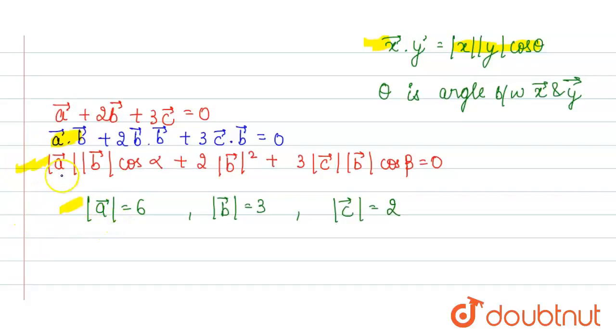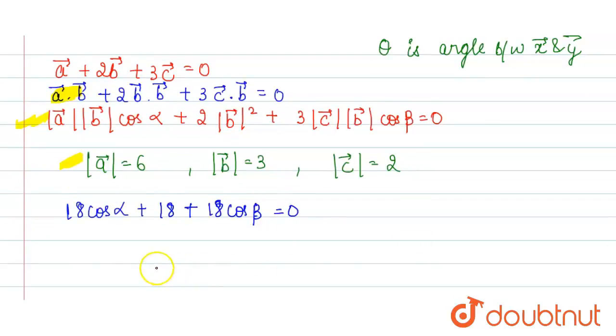So here mod of a is 6, mod of b is 3, so 6 into 3 is 18 cos alpha plus, now here mod of b square, so mod of b is 3, so the square of 3 is 9, so 2 into 9 is 18, plus, here mod of c is 2, mod of b is 3, so 3 into 2 is 6 and 6 into 3 is 18 cos beta is equal to 0.